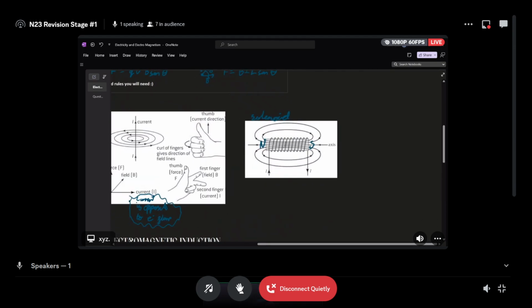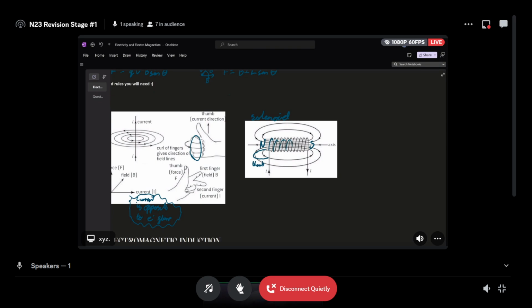You take your fingers and curl them in the direction of the wire, so your thumb would be somewhere here and your fingers would be going around.